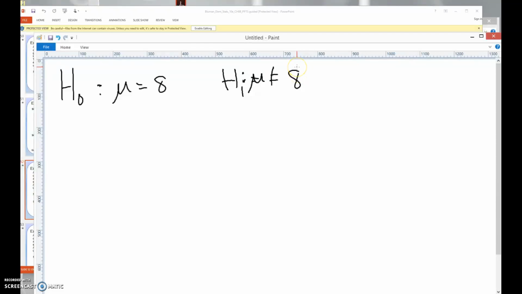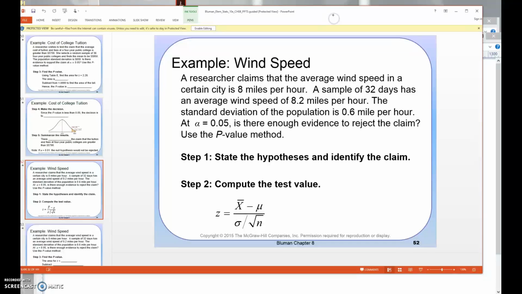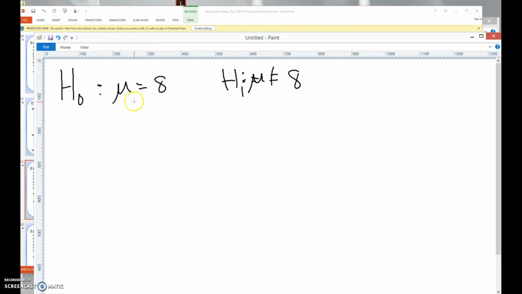We just wanted to know if there was a change. Now, in identifying the claim, it says right here the researcher claims that it's 8 miles per hour. So it gives me right away that this is actually going to be the claim.